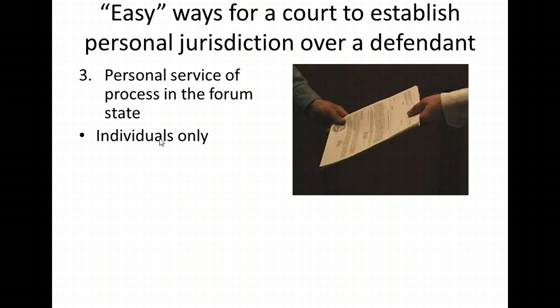And the reason is that that particular individual was not authorized by International Shoe to accept service of process on behalf of the corporation. So you can't just find an officer of a corporation and hail her down and serve her with process and expect that will suffice for personal jurisdiction over the corporation that she's president of in that particular state. That won't work. It only works for individuals.